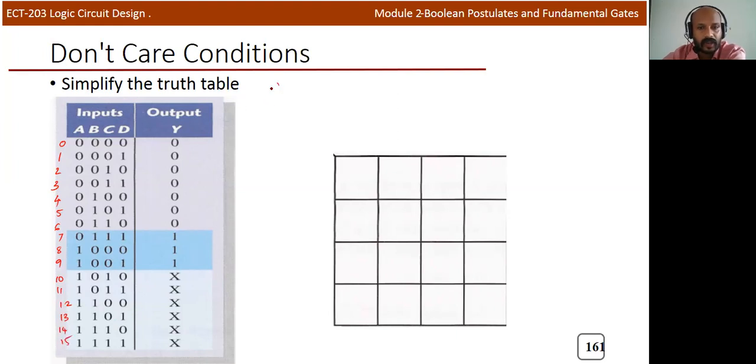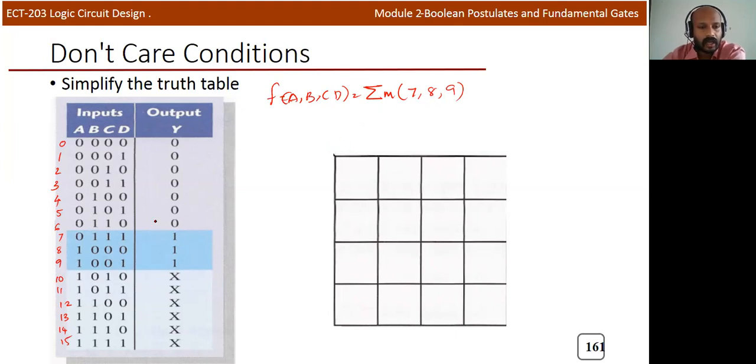Actually, this function a, b, c, d can be written in another form like this. Sigma is actually indicating the min terms. So the function will give value 1 when 7, 8, 9. So for 7, 8, 9, the function will give you the output value 1.